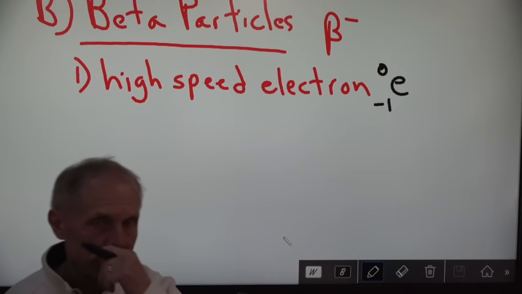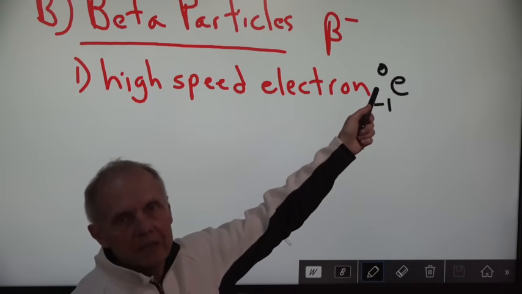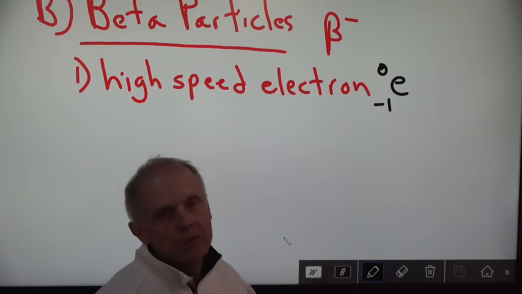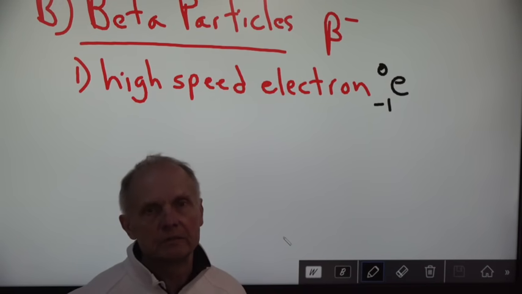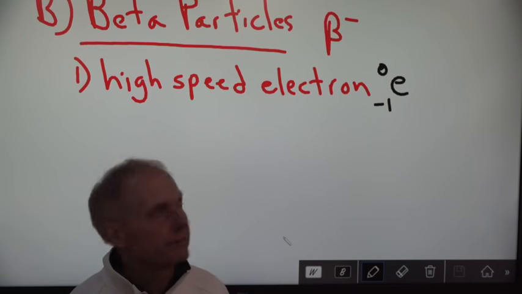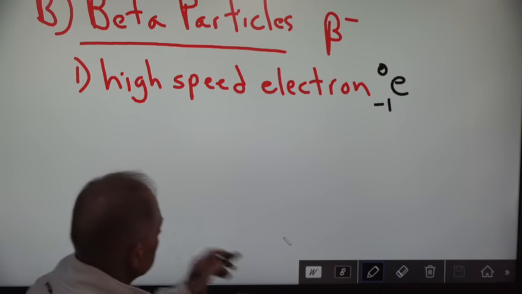So that's the symbol of an electron. The 0 up there means there's no mass contribution to the atomic mass. The -1 means whatever the atomic number is, you just put a little negative there, and that's how many electrons. So beta particles are high-speed electrons.